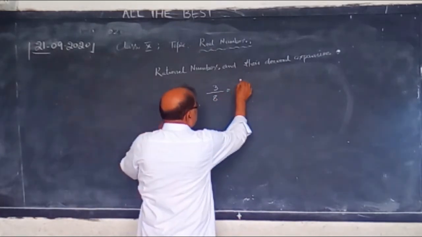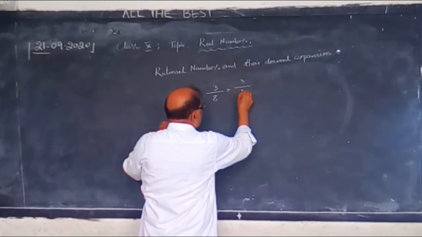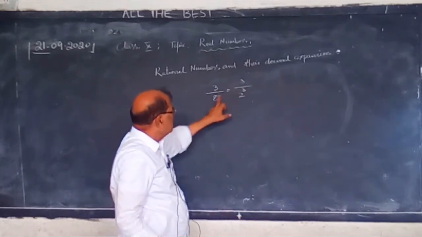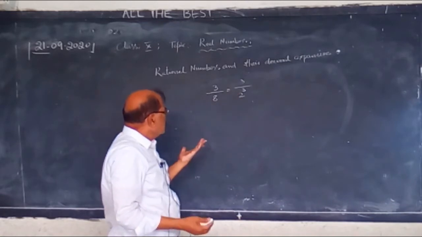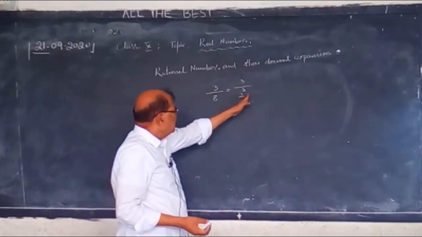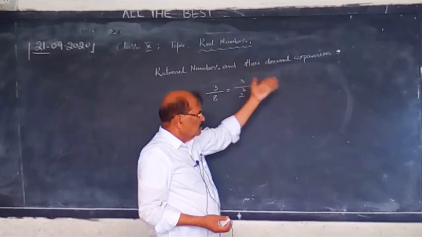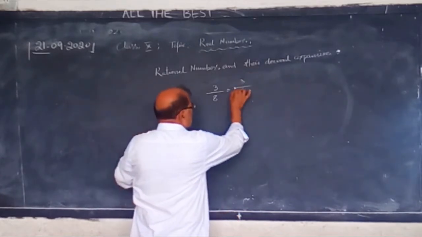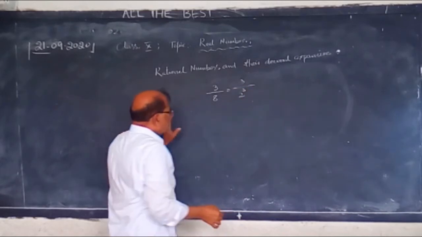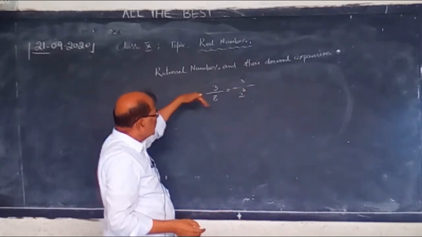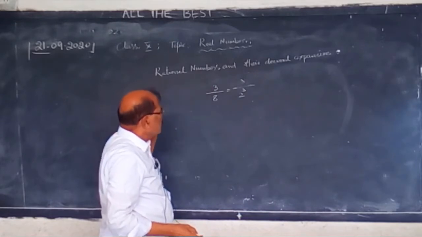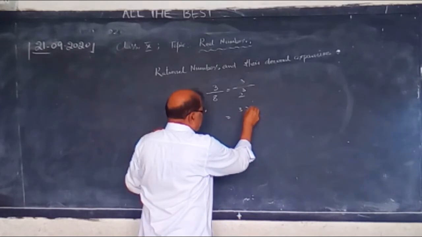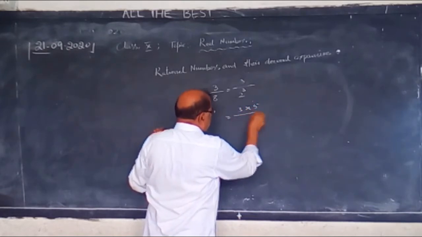If you write this as 3 by 2 cube, you have 2 to the power of n, but you don't have 5 to the power of m. So then how to find out whether it is a terminating or non-terminating decimal? You know the rule: a fraction does not change by multiplying the numerator and denominator by the same number.